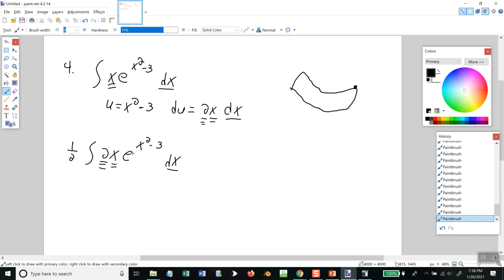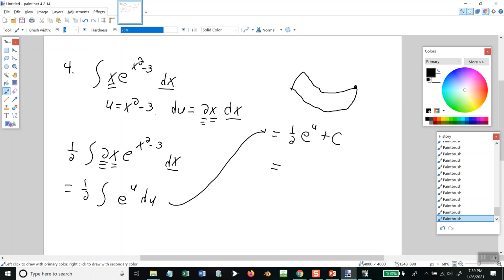So now we can do our substitution. The 2x dx gets replaced by du. This x squared minus 3 gets replaced by u. So I got e to the u du. The integral of e to the u is e to the u plus c. And then we plug our u back in.